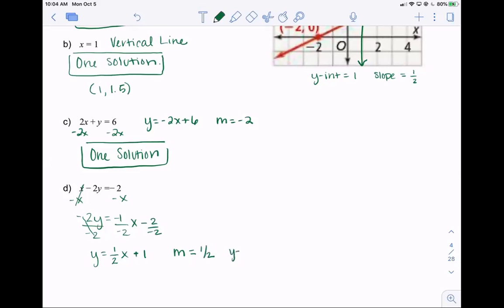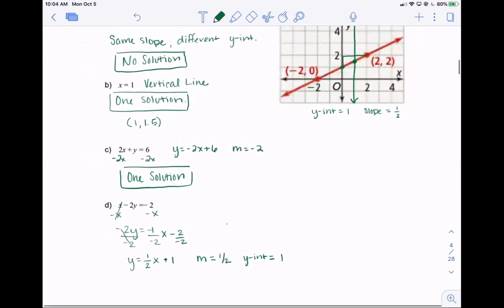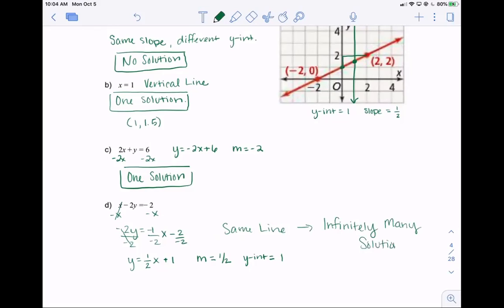And what's our y-intercept on this one? 1. Okay, how do they compare to the graph? They're the same. And if it's the same line, infinitely many solutions. Okay, infinitely many solutions.